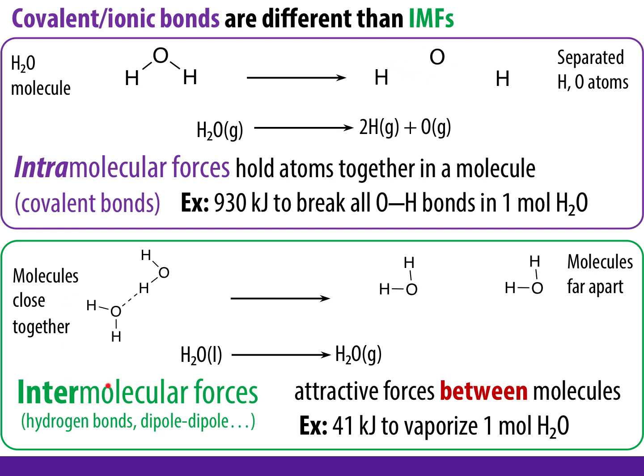Now, intermolecular forces, on the other hand, are much easier to overcome because they're much weaker. It only takes about 41 kilojoules to take 1 mole of water and turn it from the liquid state, where the molecules are close together doing what we'll call hydrogen bonding in a second, to H2O in the gas phase, where the molecules are flying apart very fast and not stuck together.